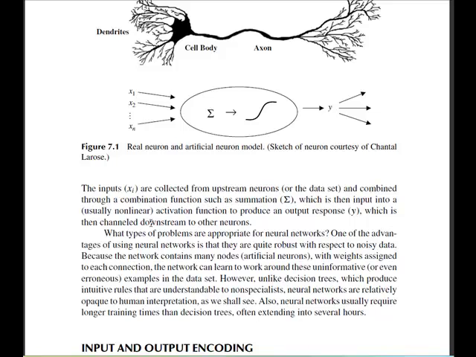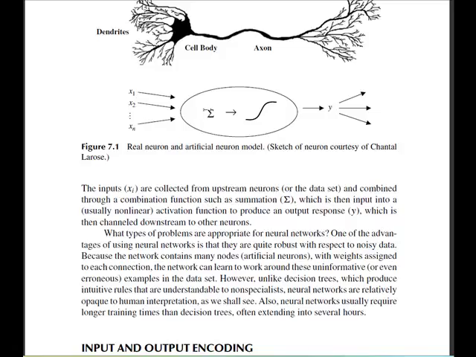So it says the inputs x sub i are collected from upstream neurons. So sometimes you'll have a whole bunch of what are called nodes. Anyway, you can ignore that for now. And combined through a combination function such as a summation, and then input into an activation function.